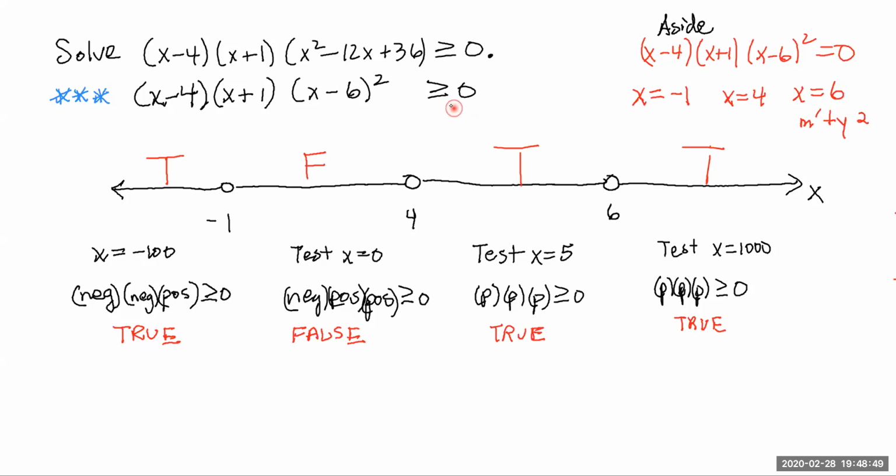Yes, it is. That's true. So we have some shading to do here as well. Let's shade here. How about we shade like this? And of course, 4 will make the triple star inequality true. 6 will make the triple star inequality true.